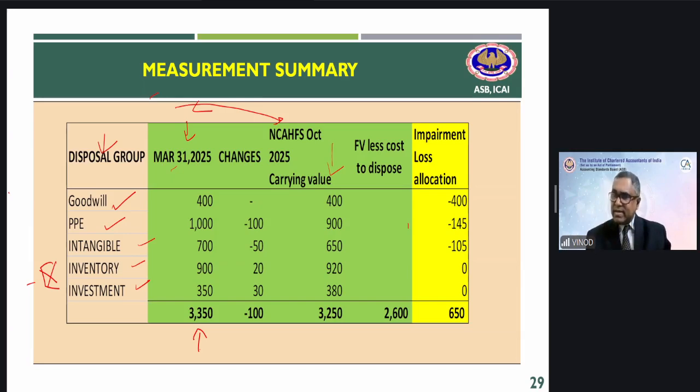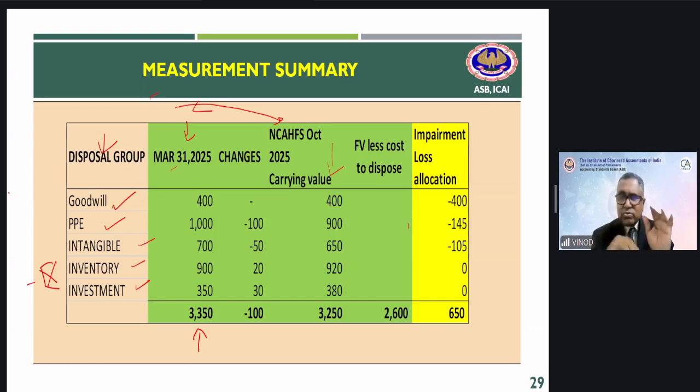That basically comes under Ind AS 36. But when you do 105 accounting, you will also face impairment loss reversals when the market is doing good. So just for basic understanding, a disposal group will have non-current assets as well as current assets and liabilities. Current asset and liability value is as per whatever Ind AS is applicable. Impairment losses, first clean out goodwill, then apportion it to non-current assets.